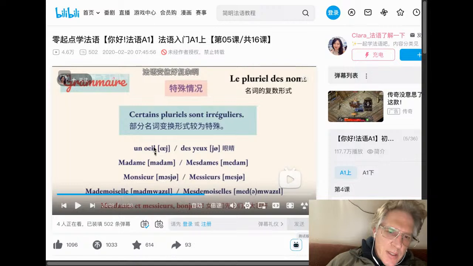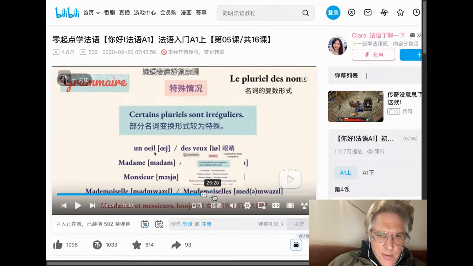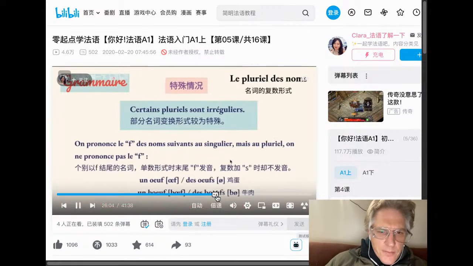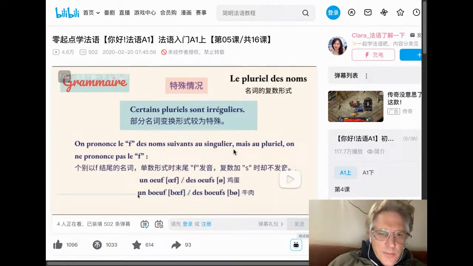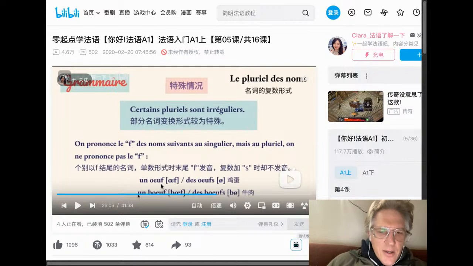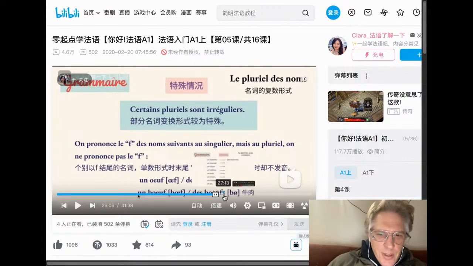The only one that doesn't really make sense is this one. An eye, one eye, and two eyes is des yeux. An eye, des yeux. It's like two different words. And then F, if it's singular, you say un boeuf. But if you have multiple, it's des œufs, des bœufs. That was interesting.